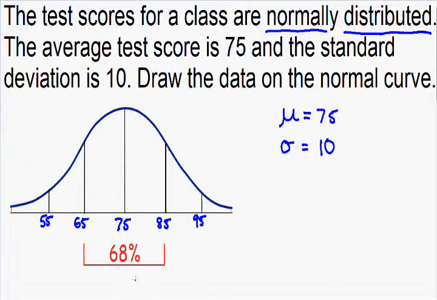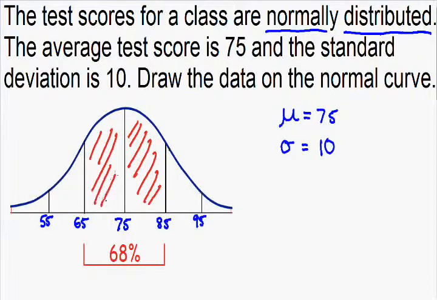Okay, so we know from the empirical rule that 68% of the data falls within one standard deviation above the average and one standard deviation below the average. And since this curve is perfectly symmetrical, we know that this area is exactly half of this area to the left.